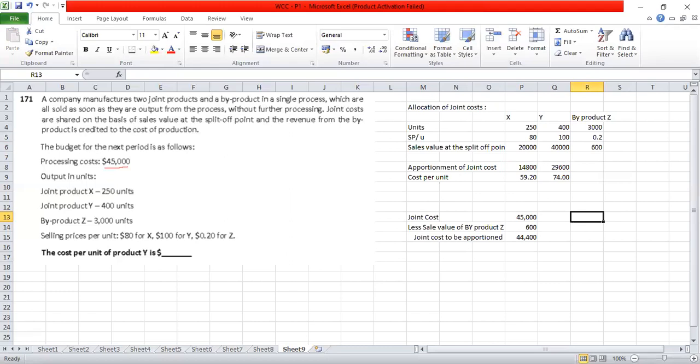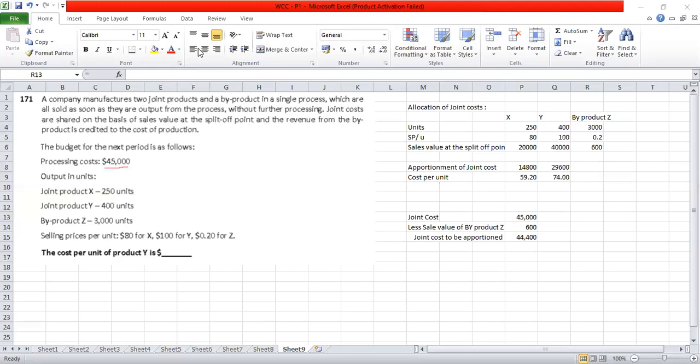Once again, I am extremely sorry about that. So there are two main products and one byproduct. We have the units which are mentioned, 250, 400 and 3,000. The sale values are also given as 80, 100 and 0.20. First, we need to find out the sale value of all the three products.